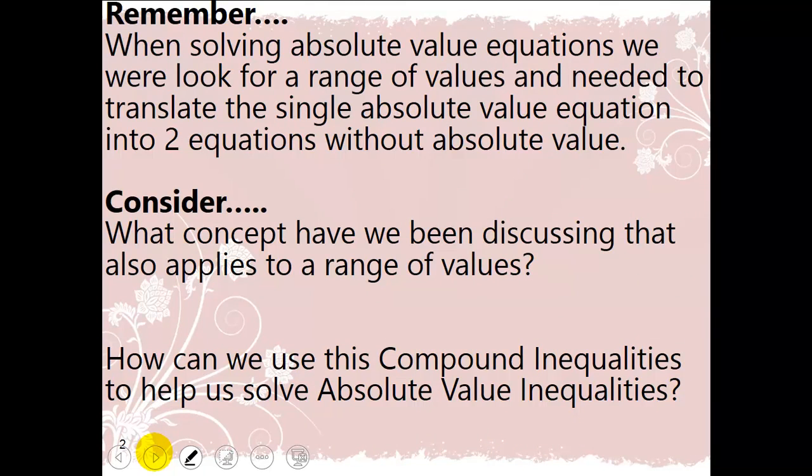So remember when we were solving absolute value equations, we were looking for a range. We could go off to the left, we could go off to the right, and we had to translate the single absolute value equation into two equations without an absolute value. This is going to happen again. So what concepts have we been discussing that also apply to a range of values?